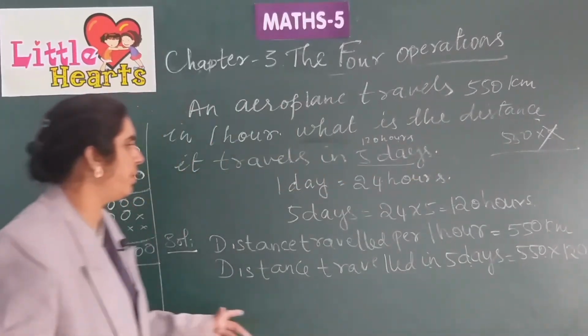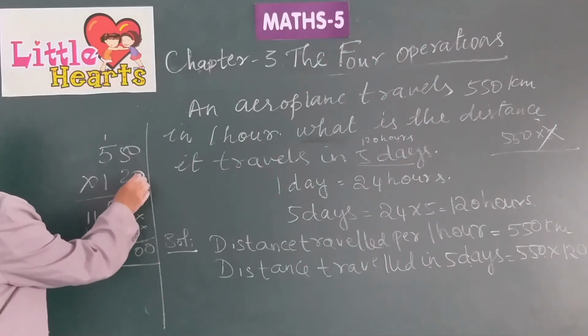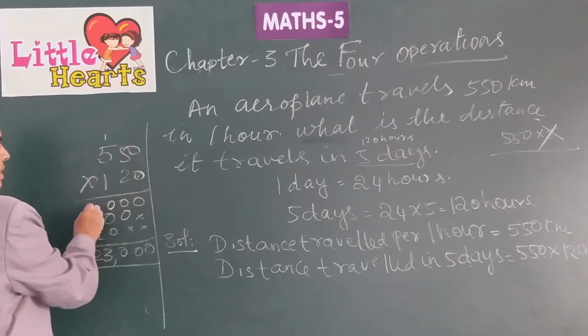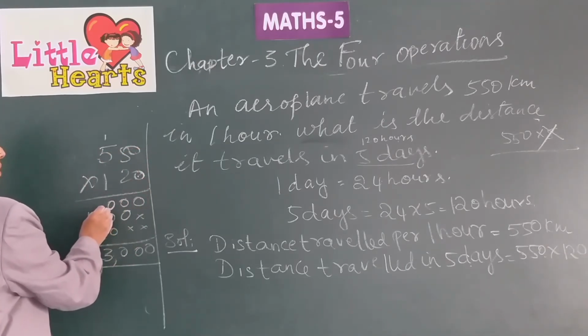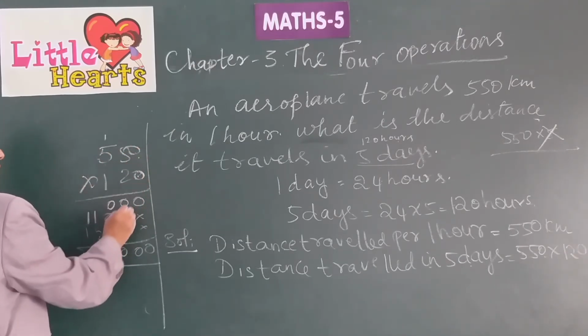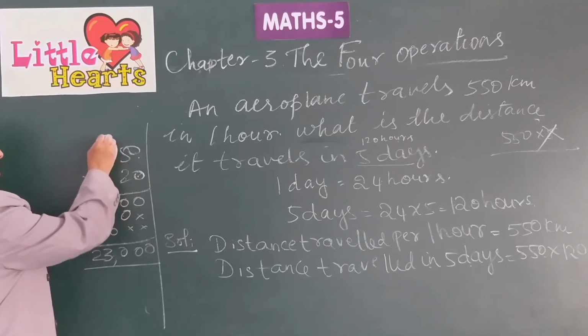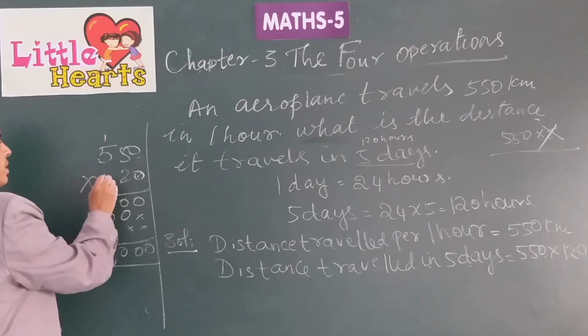So 550 into 120 is this. We have to multiply those two. 0 zeros are 0. 0 into any number is 0. So first step zeros. And 2 zeros are 0. 2 fives are 10. Carry 1. 2 fives are 10 plus 1, 11. Next 1.